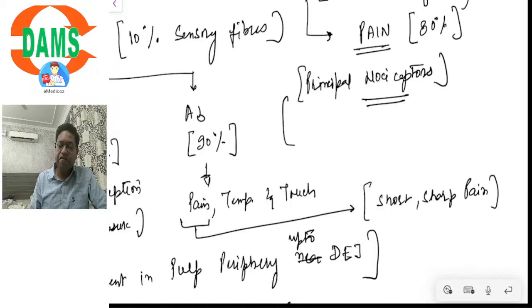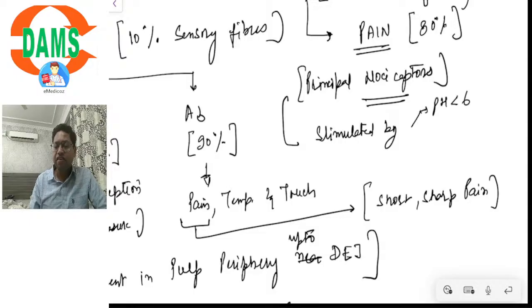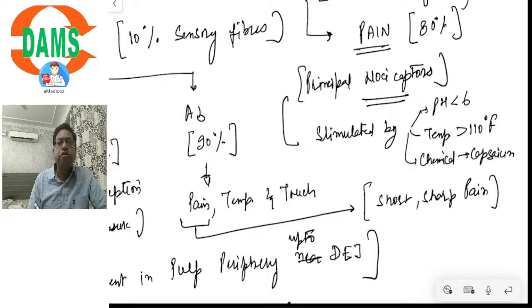Now these C fibers are stimulated by acidic pH of less than 6, temperature of greater than 110 degrees Fahrenheit, and certain chemicals like capsaicin.